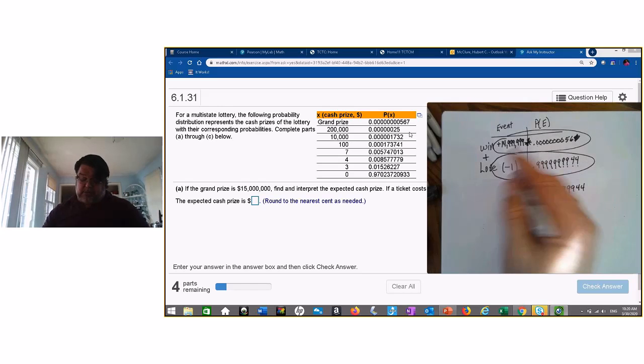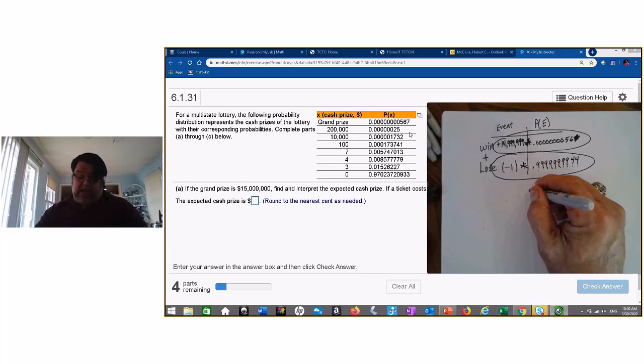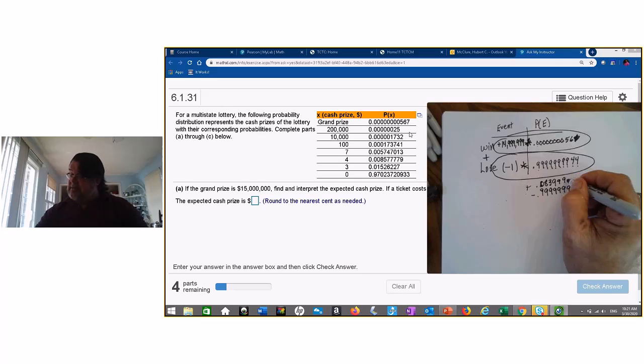And the top is going to be 14,999,999 times 0.1234567 plus 0.80839999944.